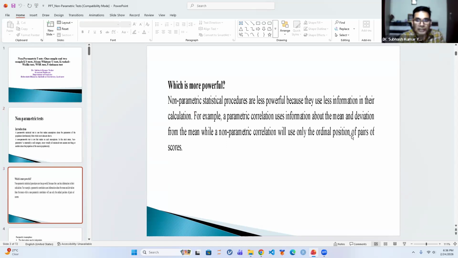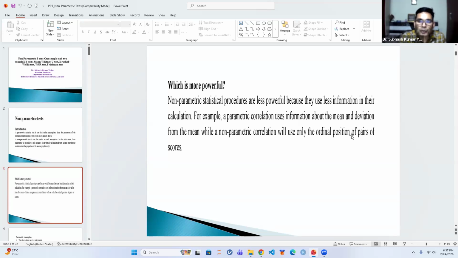So naturally one question comes into the mind, which one is more powerful. Obviously parametric tests are most powerful when sufficient data is available. Non-parametric statistical procedures are less powerful because they use less information in their calculation.